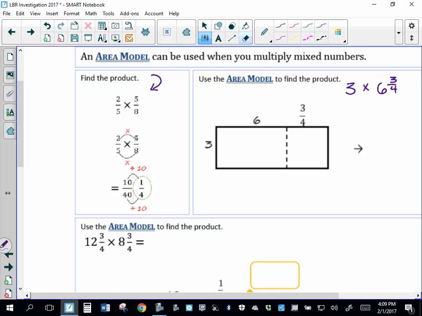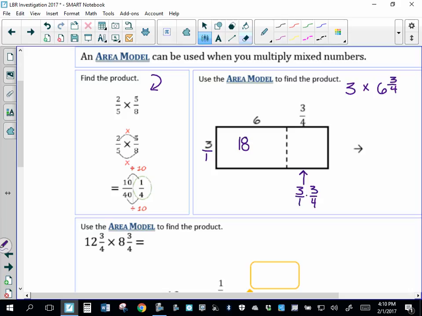On the left side, we have the 3, and on the right side, we broke the 6 3/4 into the whole and fraction part. So we go back to the same area model that we've been using all year. 3 times 6 is 18. Then we do simple multiplication with 3 times 3/4. We talked about how we can always think of a whole number as a fraction, so what actually goes in this box is 3 over 1 times 3/4, or the product of that.